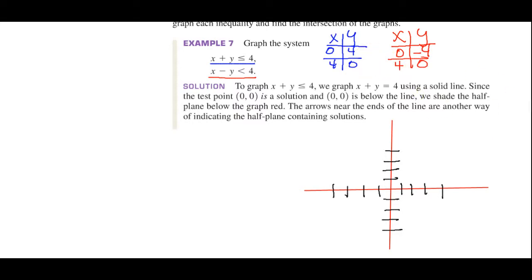Okay, now plotting the blue one. 4, 4. So it goes right there, and right there. Now we still have to consider what kind of line do we need here? A solid or a dotted? And the answer is a solid. So I will use a solid line for that.